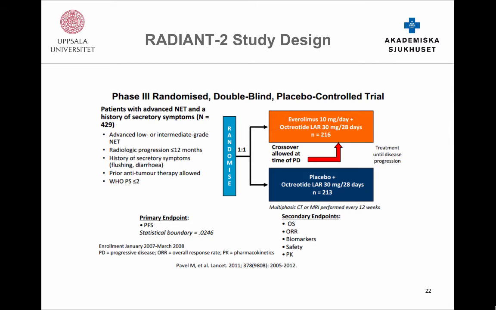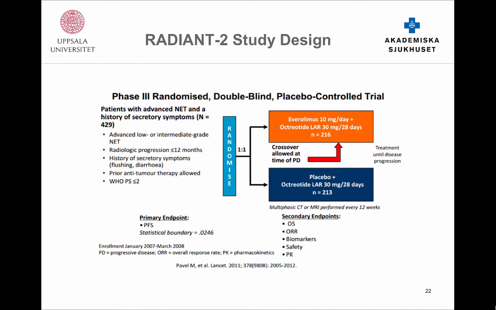So the first study that started to indicate that there might be a benefit of Afinitor was the RADIANT-2 study. And that study was originally thought to be a study for midgut carcinoma tumors. So patients with carcinoma tumors of the gastrointestinal tract should be included.